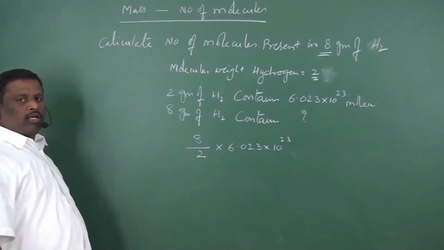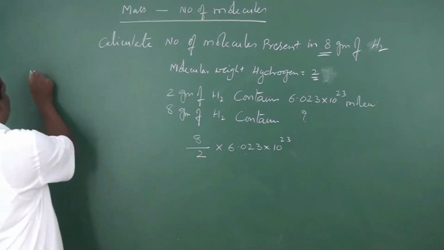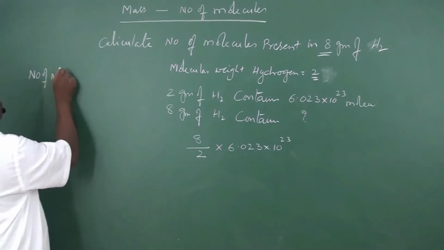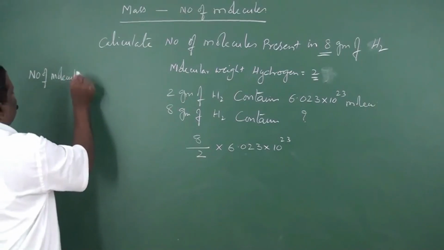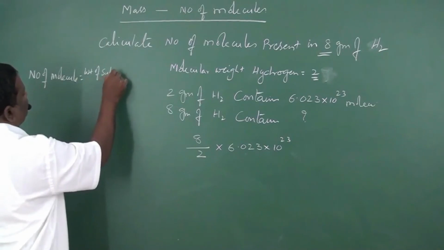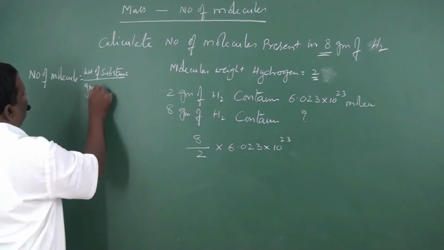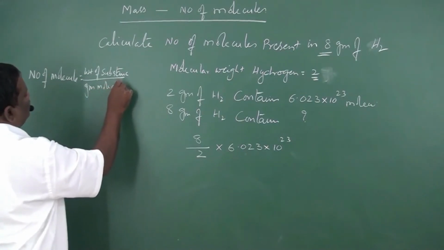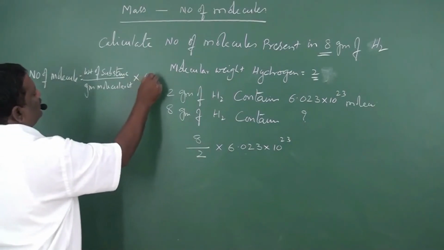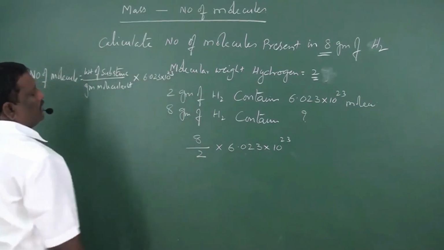So if the weight of the substance is given and they ask us to find the number of molecules, the general formula that you may remember is: number of molecules is equal to weight of substance by gram molecular weight of substance, into 6.023 into 10 to the power 23.